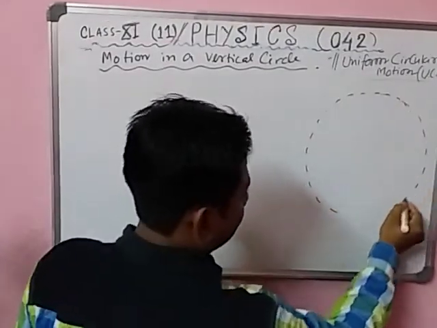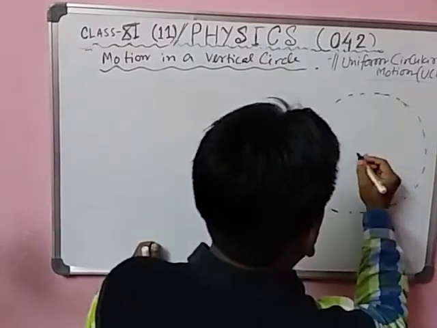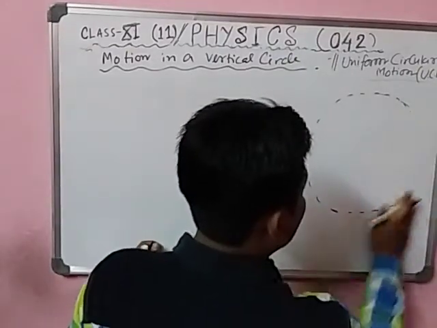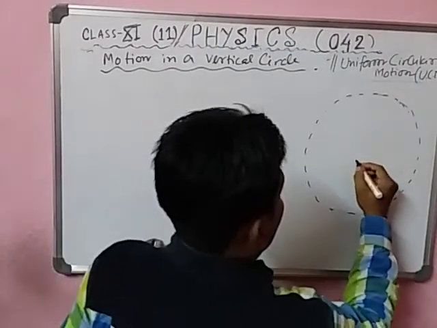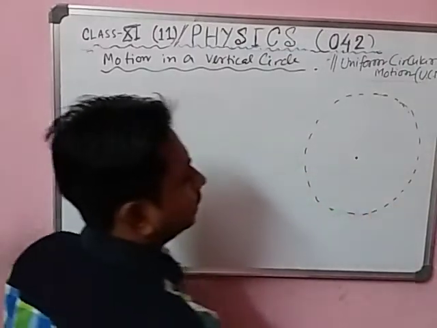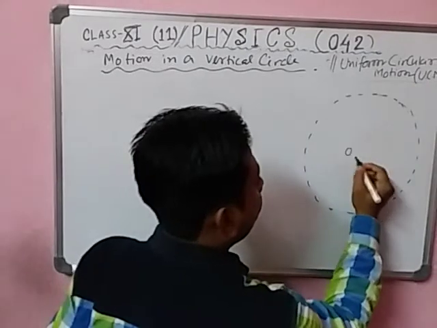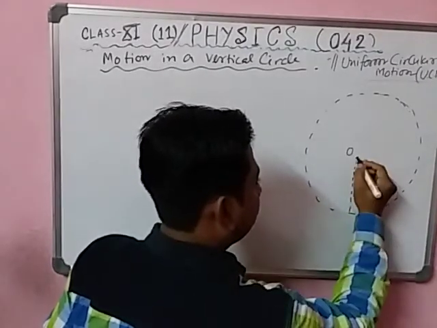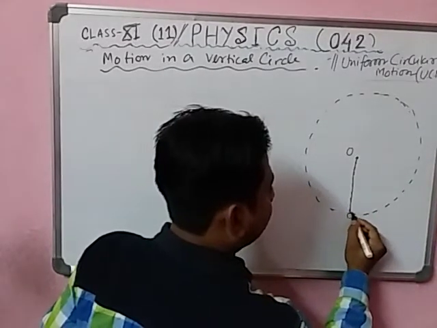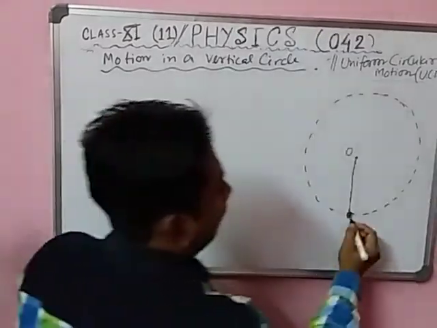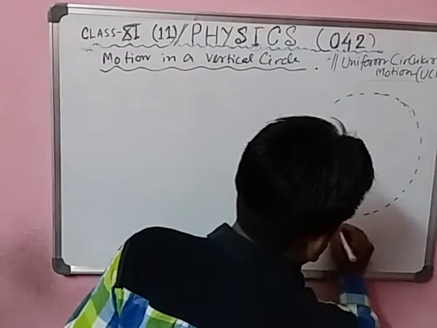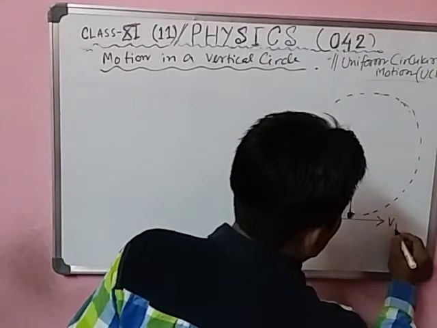Suppose here is the circular path. Now think of a body suspended from this point O by a rod or string, and you have to find this lower point velocity VL.